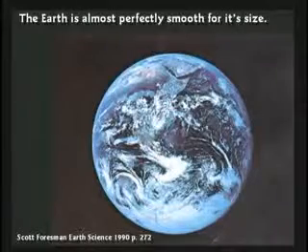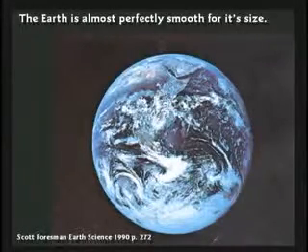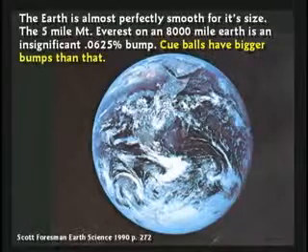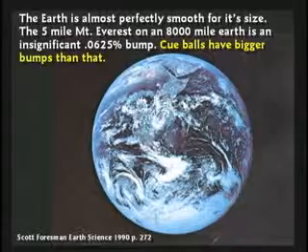The earth today is almost perfectly smooth for its size. The biggest mountain we know of is Mount Everest, 5 miles tall. Well, on an 8,000-mile Earth, that's 0.0625%. Cue balls have bumps bigger than that. If you shrank the Earth down to the size of a cue ball, it would be smoother and rounder than the cue ball.